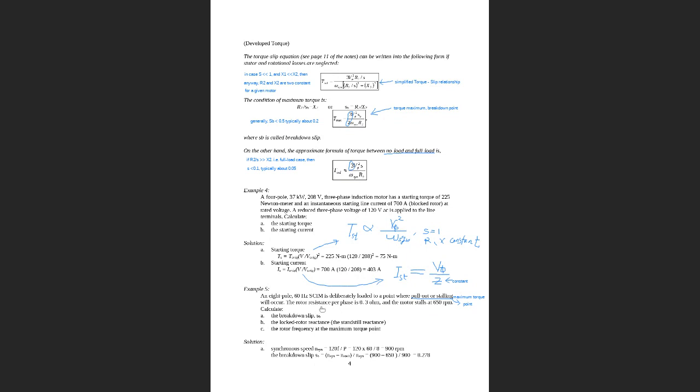The rotor resistance per phase is 0.3 ohms, referred to the stator.